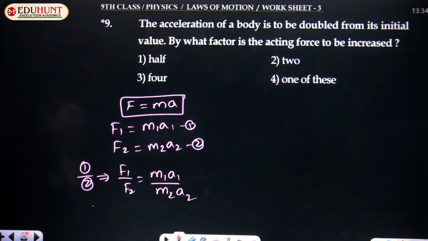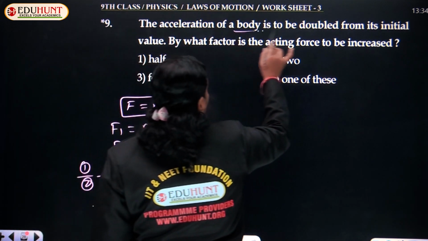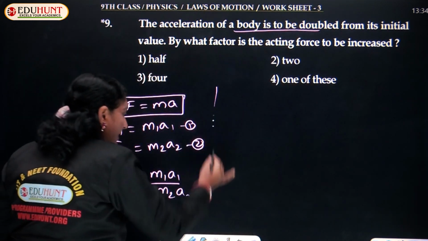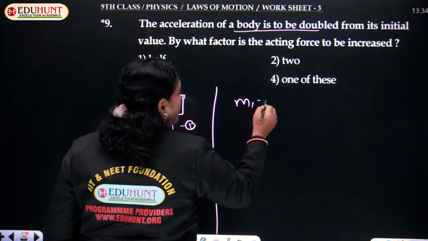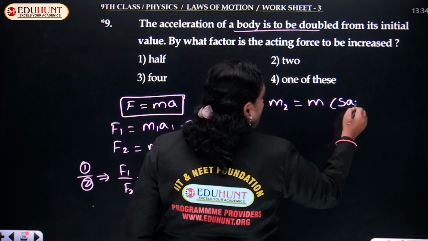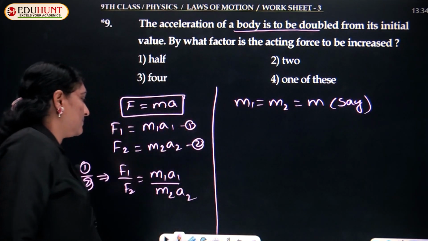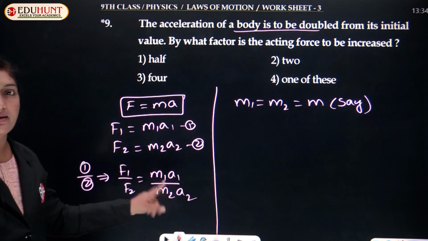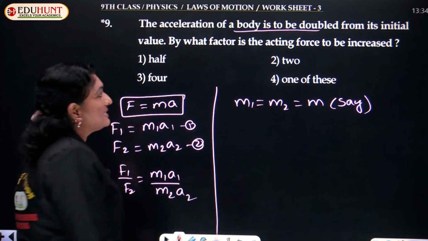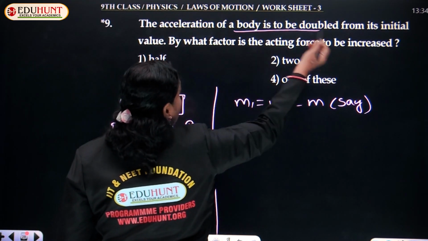But what is given? The acceleration of a body is to be doubled. The body remains the same, which implies the mass m1 is equal to m2. Let us suppose this as some m. Mass m1 is equal to mass m2, let us suppose this as some m. And what else is given? Acceleration is to be doubled.